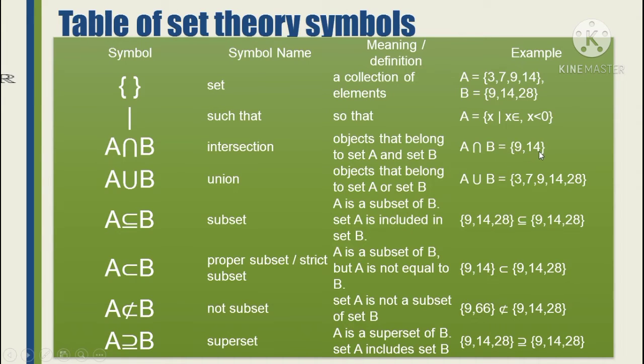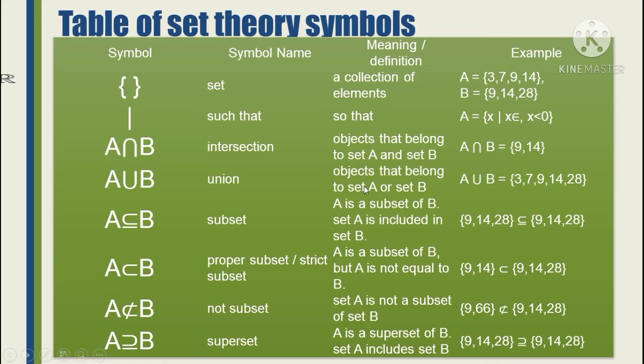Yung 9 and 14 na yon ay belong daw kay set A and set B. And this one, A union B. So, ang meaning niya class is objects that belong to set A or set B. Kapag union ay belongs to set A or set B, pero kapag intersection, object that belongs to set A and set B. Halimbawa A is equal to 2 and 3, pwede rin natin sabihin na B is equal to 2 and 3 kapag yun ay intersection.